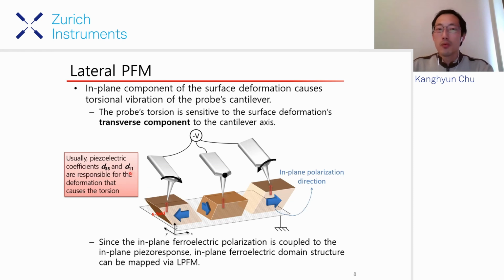And for the d11 component, the diverging electric field near the tip apex generates an expanding region on one side, let's say the right side, and on the other side a contracting region, leading to an overall kick toward the left or right. So those piezoelectric coefficients are responsible for the in-plane piezo response.